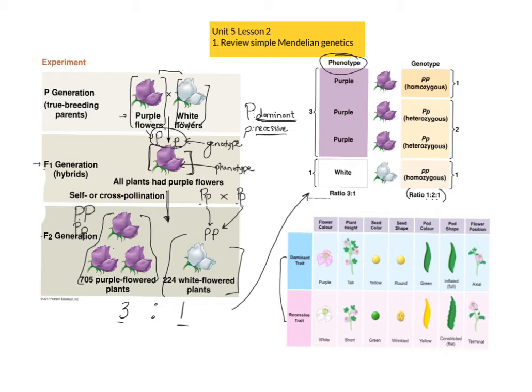And so from these experiments, one of the big things that he took away were actually two laws of heredity that were based on this experiment. There was the law of segregation and the law of independent assortment. So I want to talk about both of those just for a moment here.